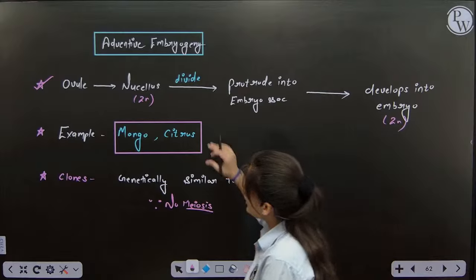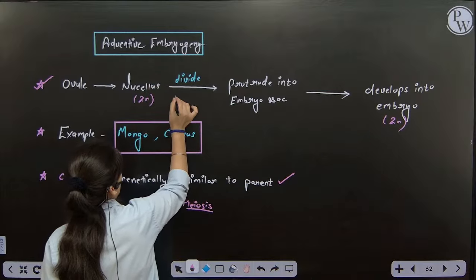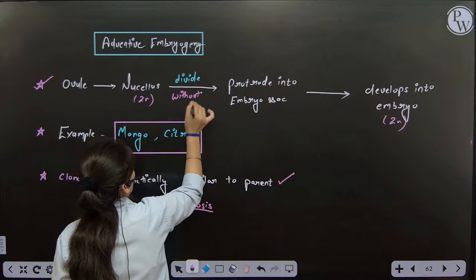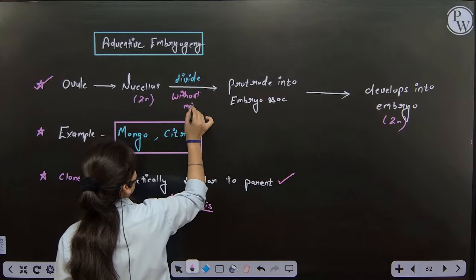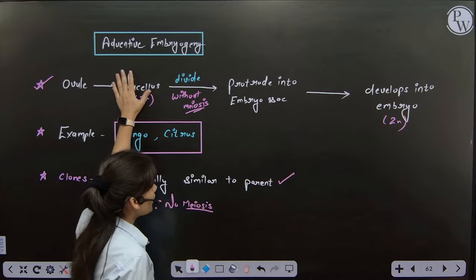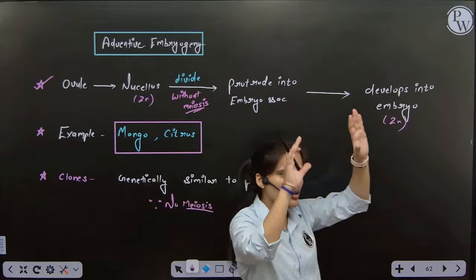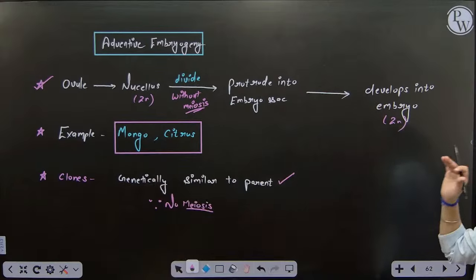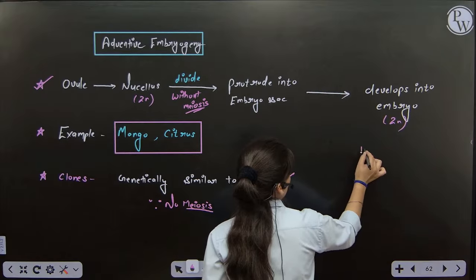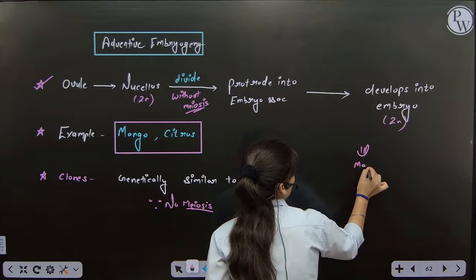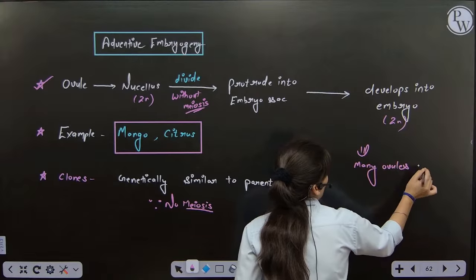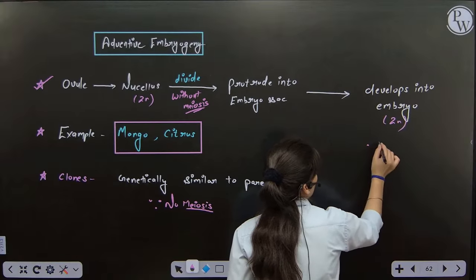Remember this thing: the nucellus, without meiosis division, will protrude into the embryo sac. It divides mitotically to give rise to embryos. So many embryos are present inside one ovule, and that condition is known as polyembryony.